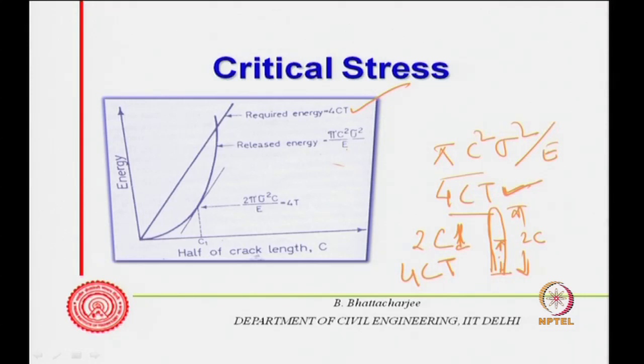When the rate of this one and the rate of this one are the same at a given c, the stress for that c is known to me. So, sigma corresponding to that c is the critical stress. Let me differentiate this: it will come as twice pi c sigma square by E, and that must equal 4 t.